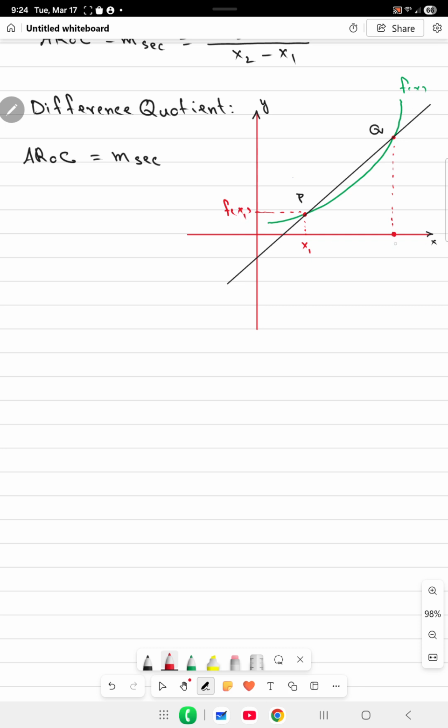Instead of naming this point x2, I will name this distance from x1 to x2 h. If this distance is h, then this point will be x plus h. Let's even remove x1, just name it x. Correct? If this point is x plus h, definitely on the y-axis I'll get f of x plus h.